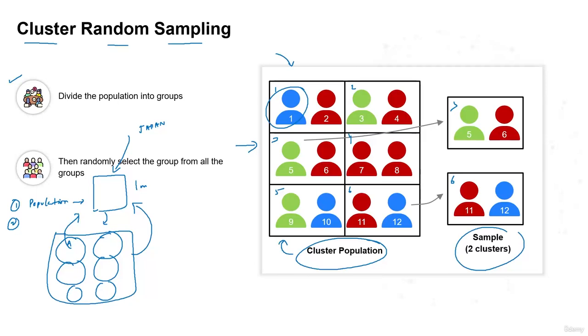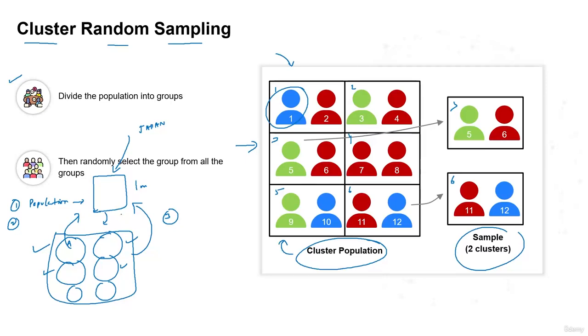After you are done with step number 2, now comes step number 3, which is randomly selecting clusters to use as your sample. So let's say you already have 6 clusters created. Each cluster is a representation of your population data. It is as diversified as your population data, not a replica, but almost similar.